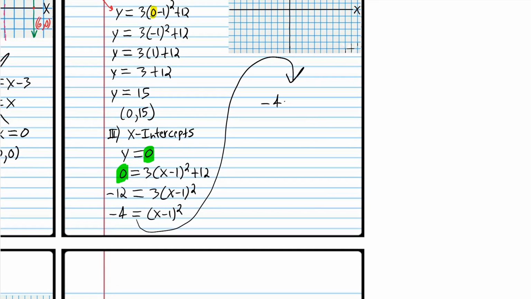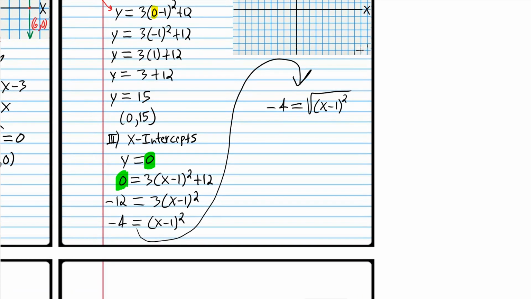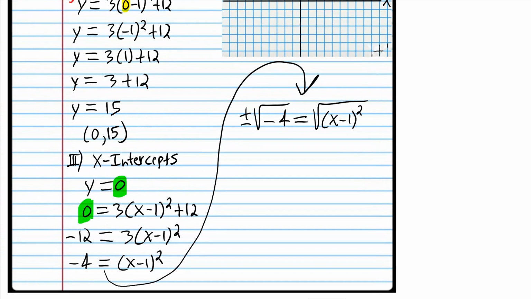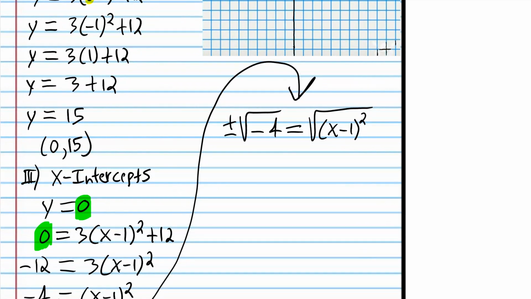So we need to get rid of the second power there. So just like we did in the previous problems, we're going to take the square root because that's the opposite of squaring. And you always have to put plus or minus. Remember, whenever you have a negative inside a square root, the negative just comes out as i.